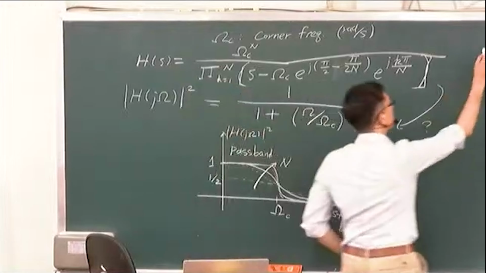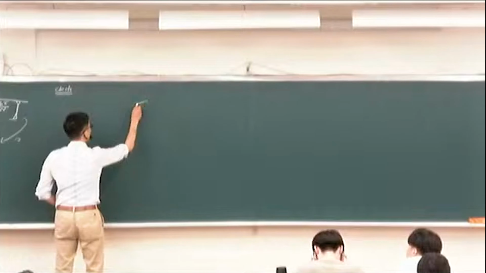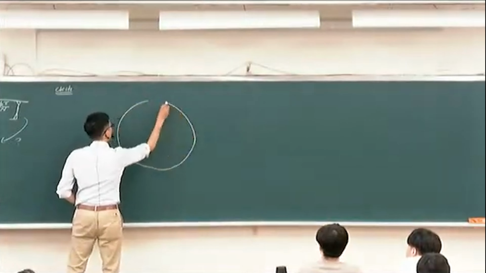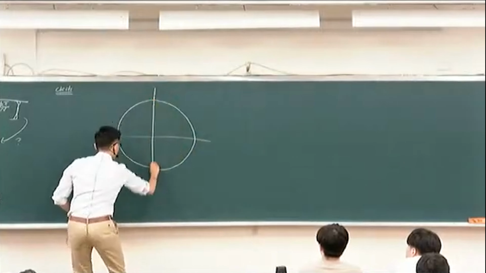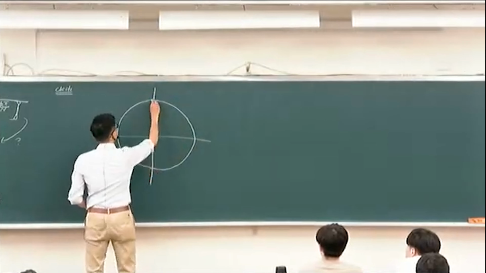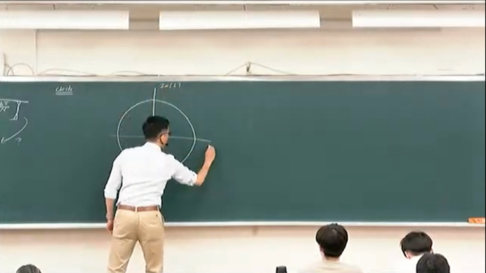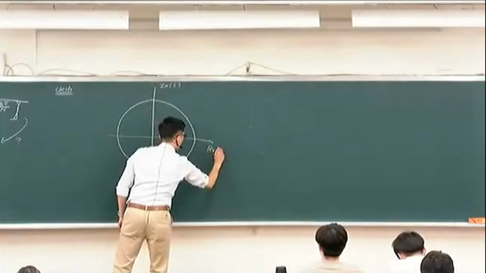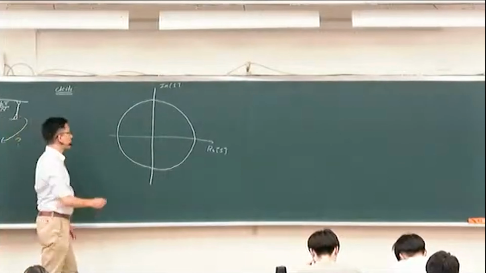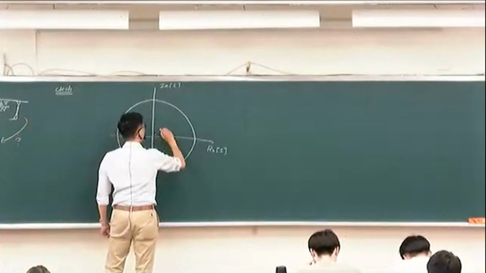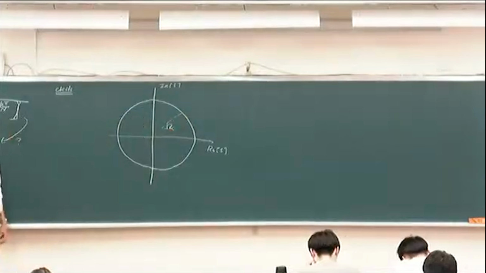So first of all, let's draw a picture. Let's make an example of a circle on the S-plane, with the imaginary part of S and the real part of S. I'm going to say that this circle has a radius of omega c, the corner frequency.